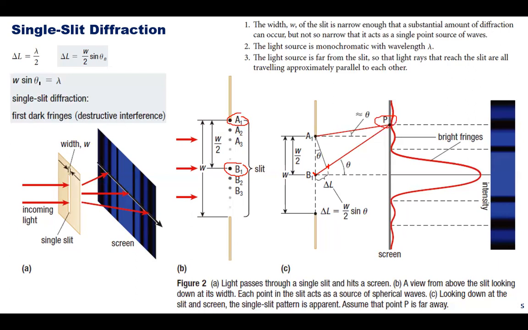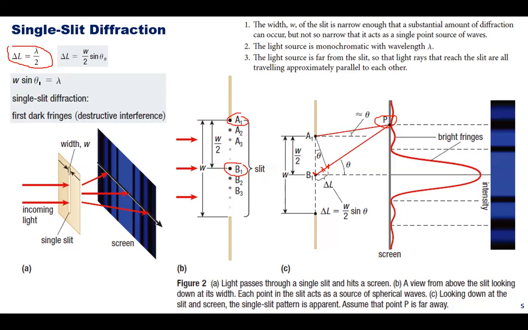The path length difference, delta L, which is here, should be lambda over 2, which is a half of lambda, right? Because the interference is destructive. So the length difference must be a half of the wavelength.